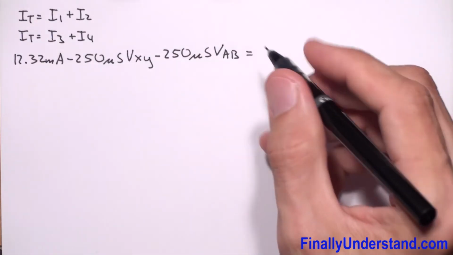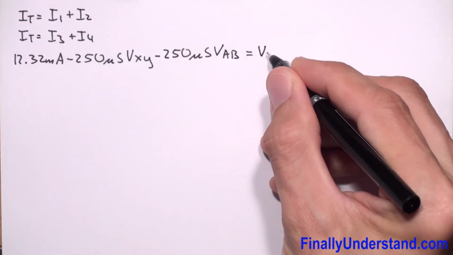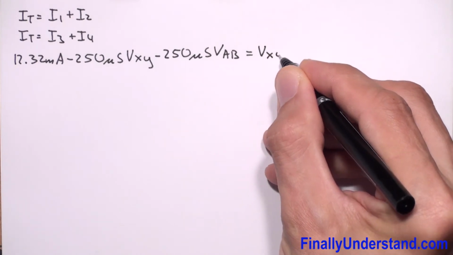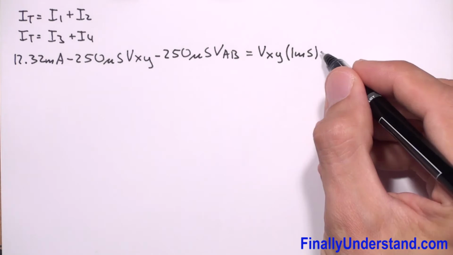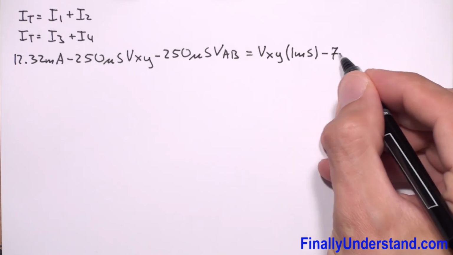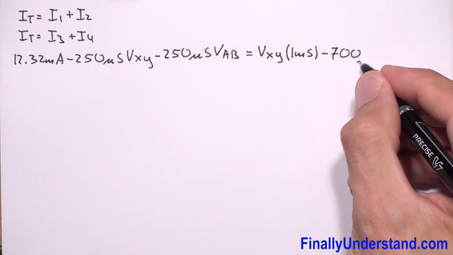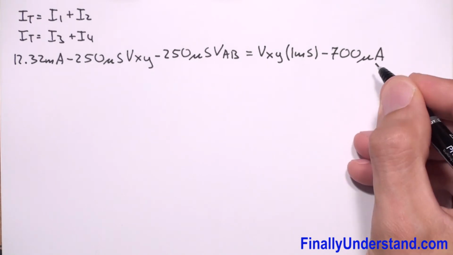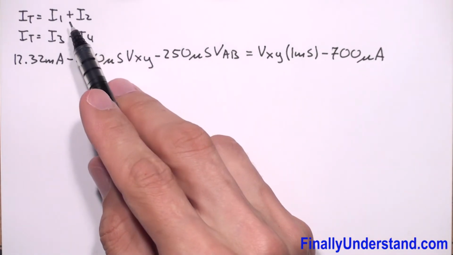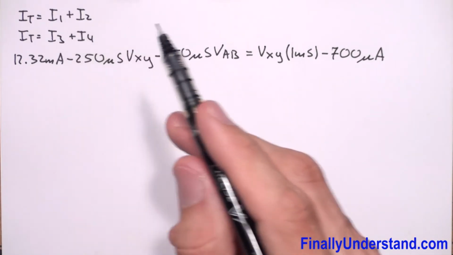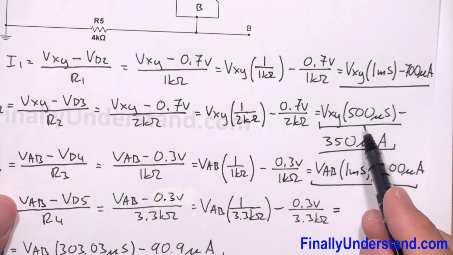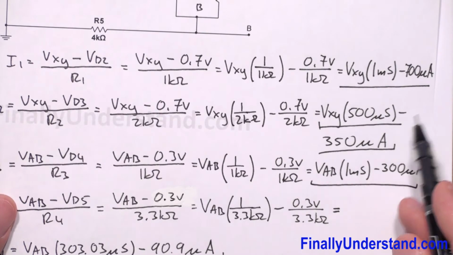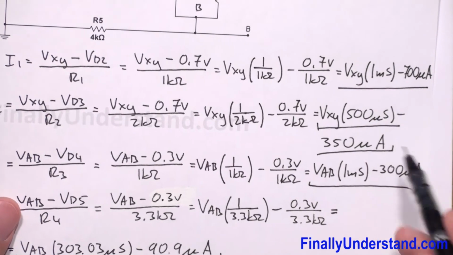Okay, so I have VXY times 1 millisiemens minus 700 microamps, and I have plus I2, and we said I2 is VXY 500 microsiemens minus 350 microamps.